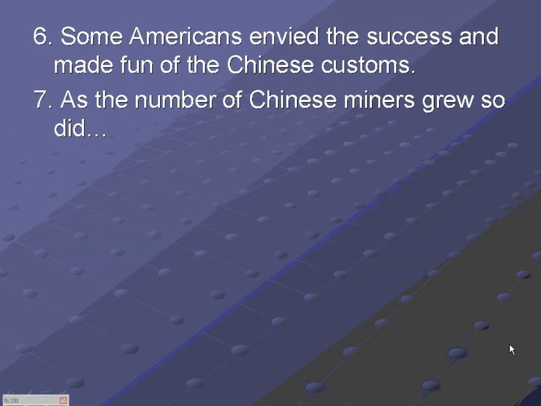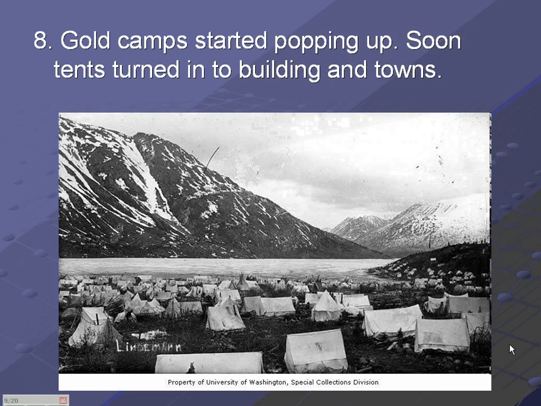And some Americans envied the success that the Chinese had in these played out or old sites, and they started making fun of the Chinese customs. As the number of Chinese miners grew, so did the American resentment to them. So the more there were, the more Americans hated them.